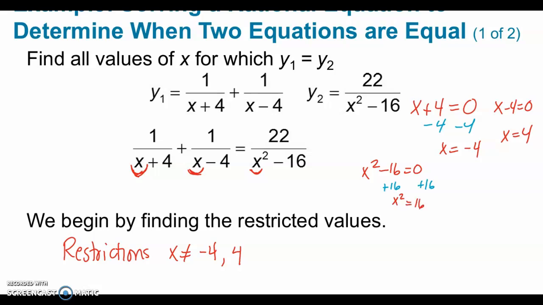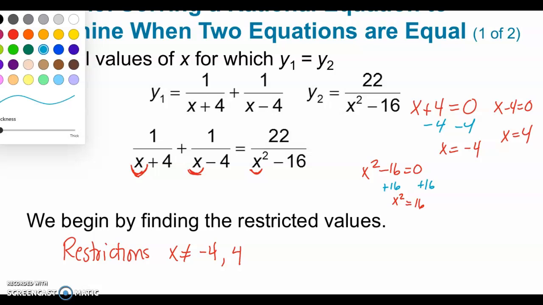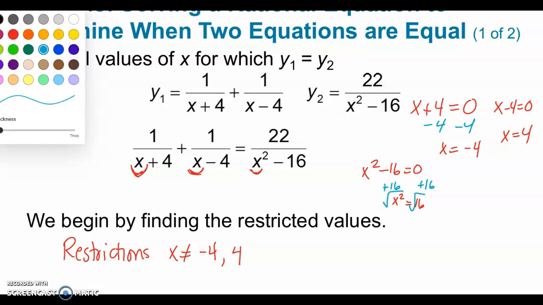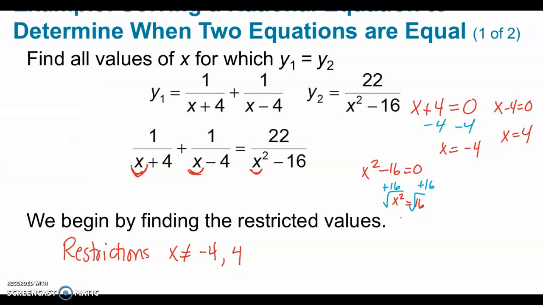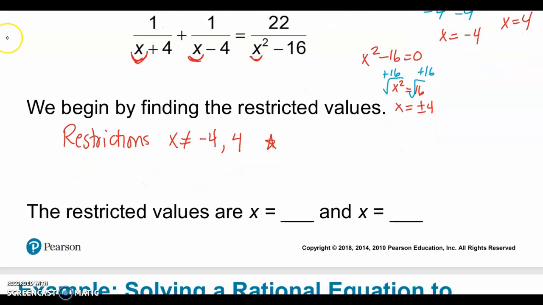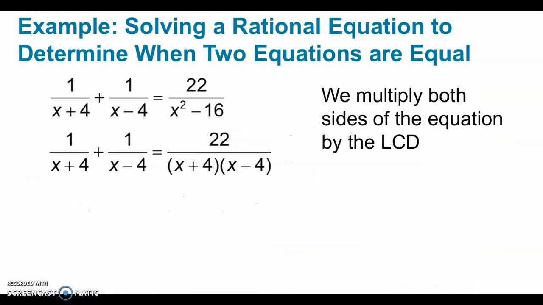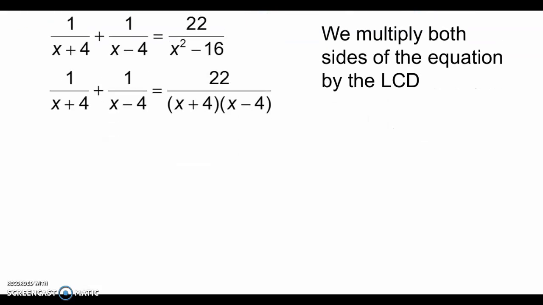Now I can take the square root of both sides, and I end up with x equals plus or minus 4, which we already have. So we know there are these restrictions. If we end up with a value of -4 or 4, then we can say there's no solution here. So let's move on to solving this.